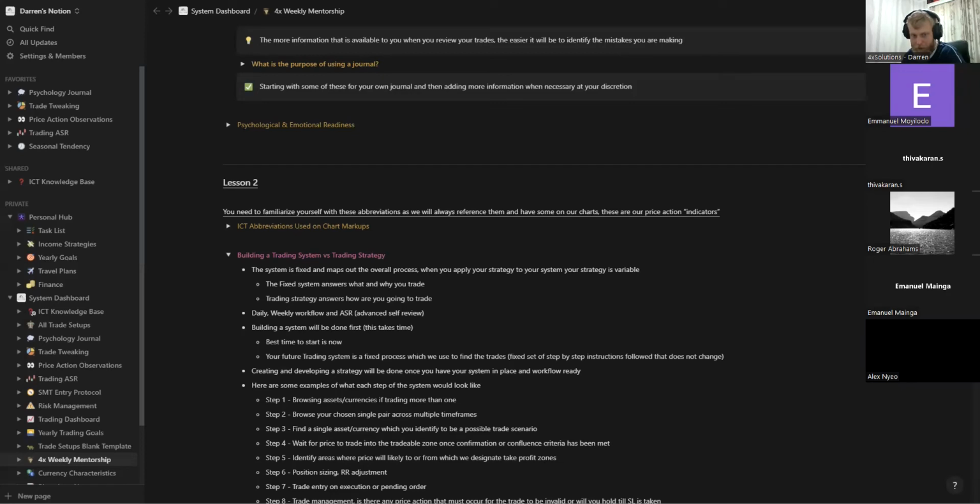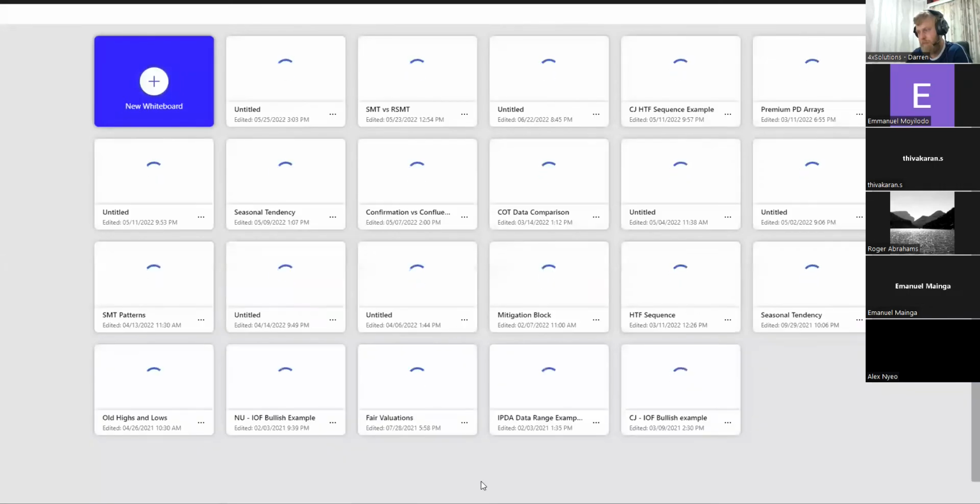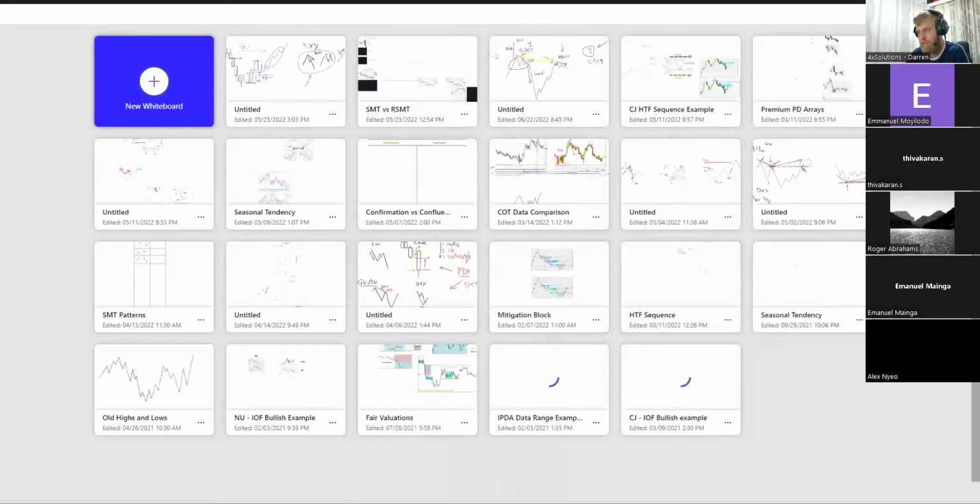Sorry guys, I'm just trying to open this whiteboard, but it seems to have been stuck. Does anyone else have anything to add in terms of what the conditions of the market are? Or the phases, maybe, the cycles that we go through?